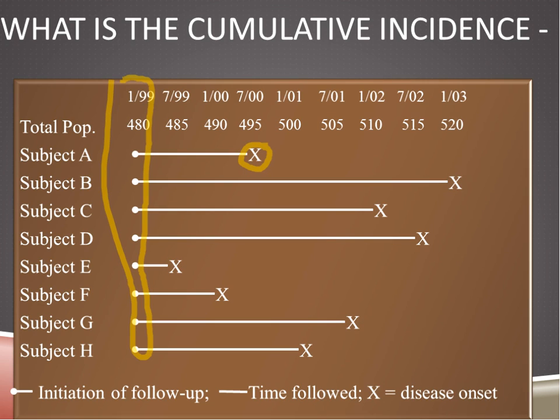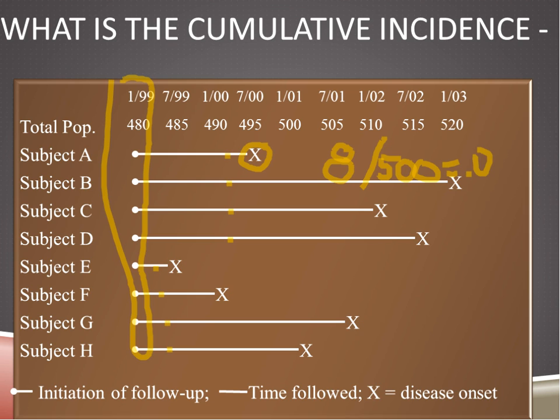So our cumulative incidence for our 4-year study cases, which would be how many people developed the disease, 1, 2, 3, 4, 5, 6, 7, 8. So we have 8 people developed the disease, divided by our average population in that time period, which is 500. And then we're able to calculate our cumulative incidence.